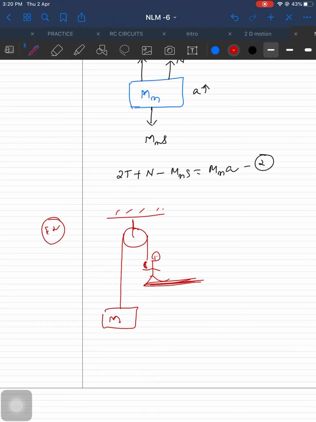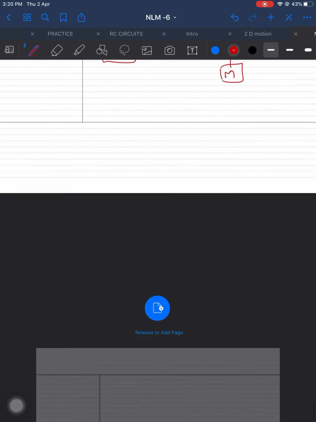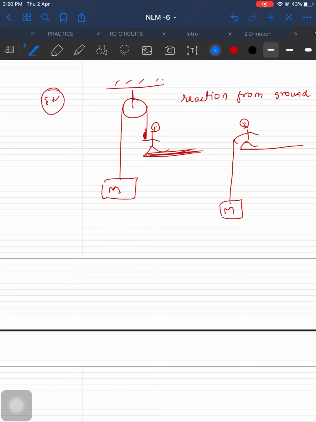And there is another case, where the rope holds mass M directly without using any pulley. In these two cases, find the ratio of reactions from the ground. So let's do this, first and second.